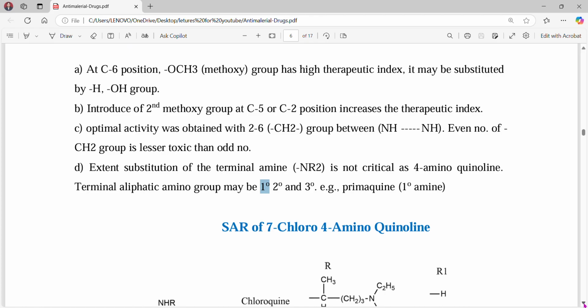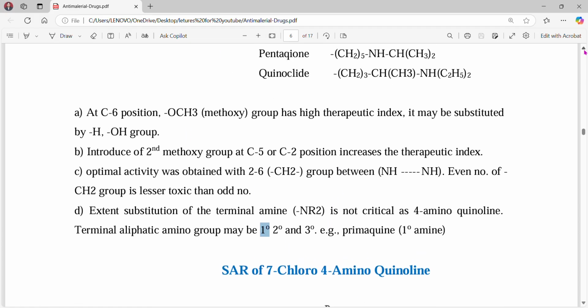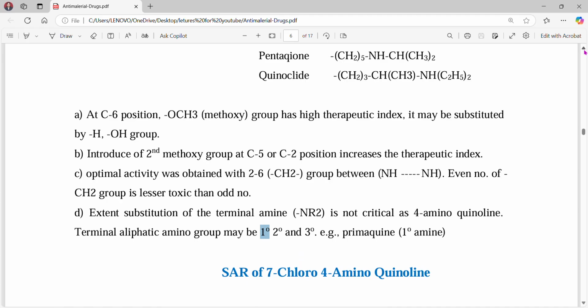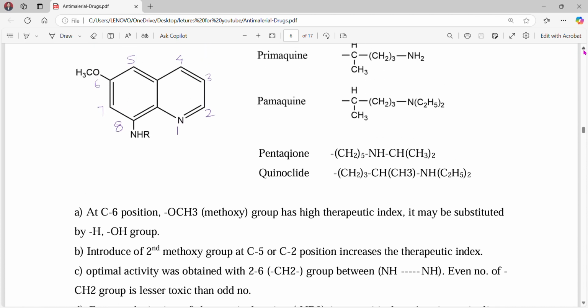So this is all about the 8-aminoquinolines, in which primaquine, palmaquine and pentaquine are the antimalarial drugs from this class. They belong to the family of 8-aminoquinolines. Palmaquine is closely related to primaquine.